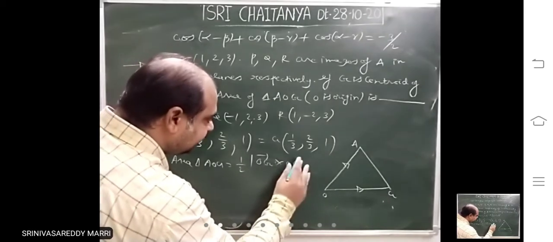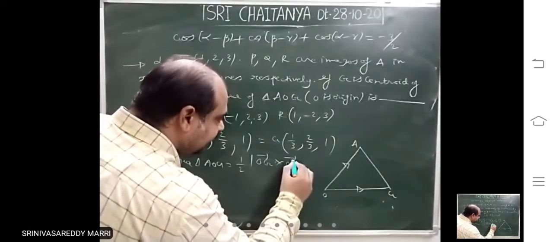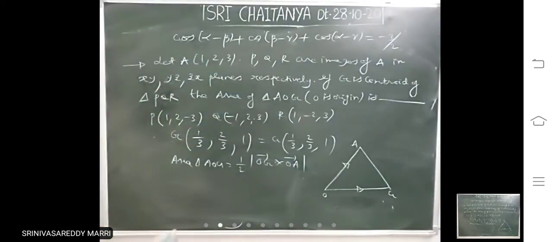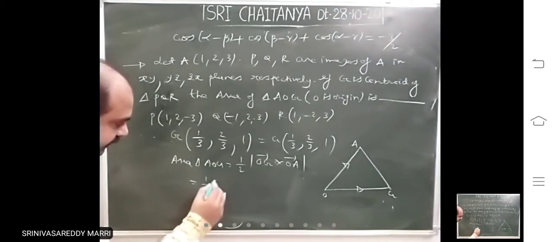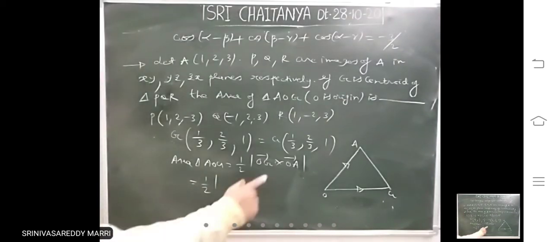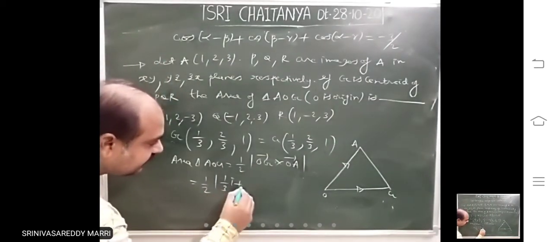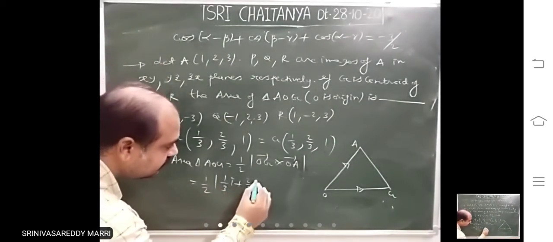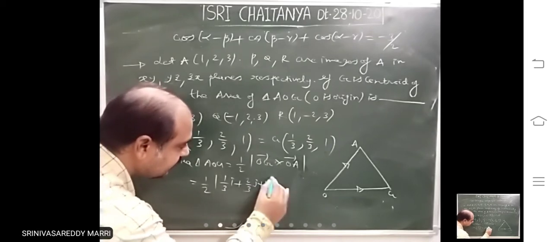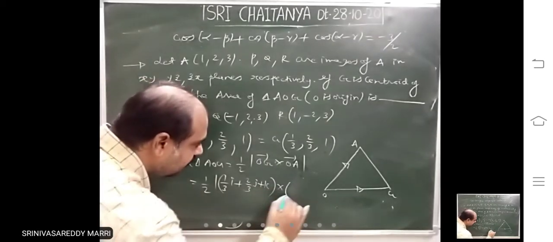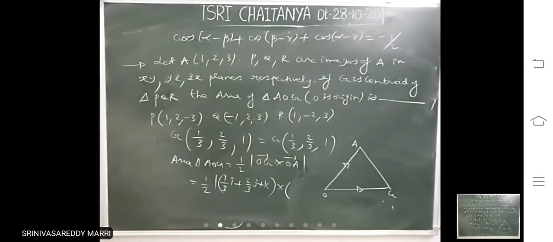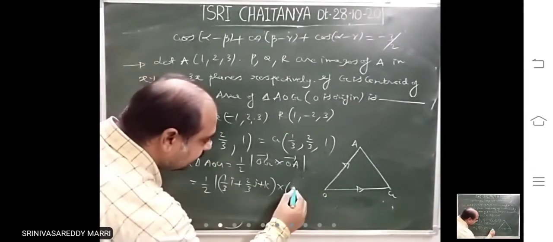While calculating area, you use the vector method. So 1/2 into OG bar, the position vector (1/3)i plus (2/3)j plus k, cross OA bar, the position vector.